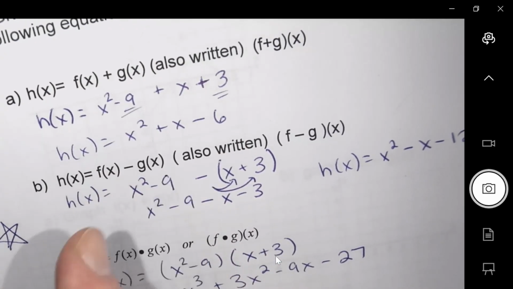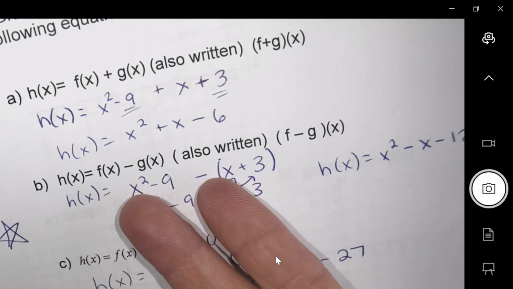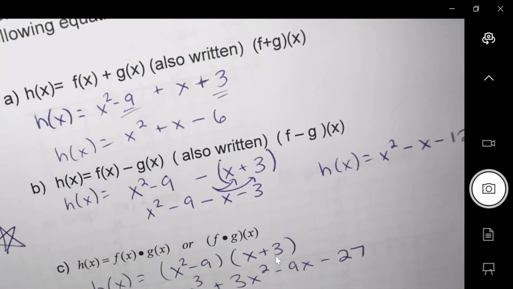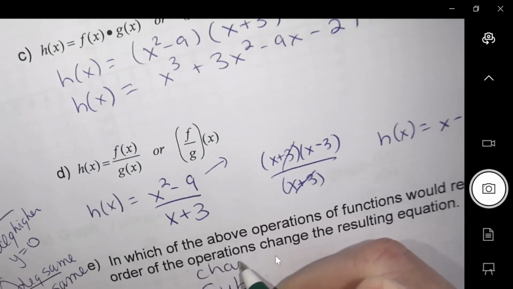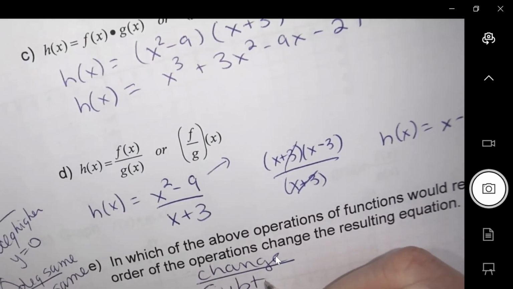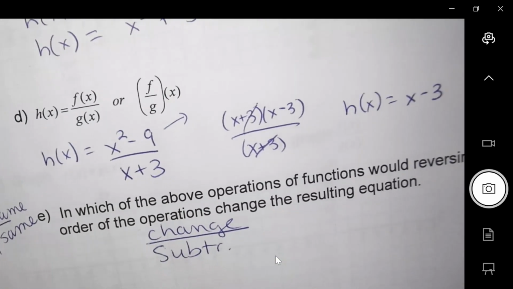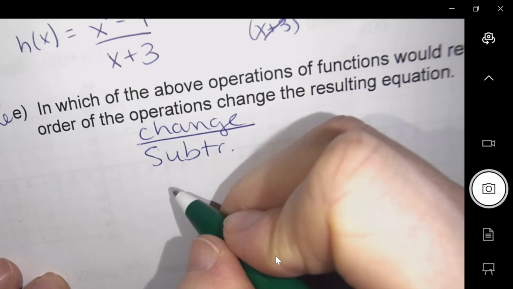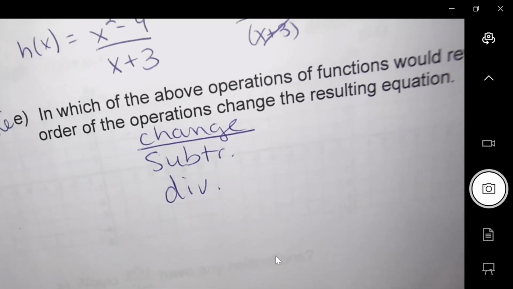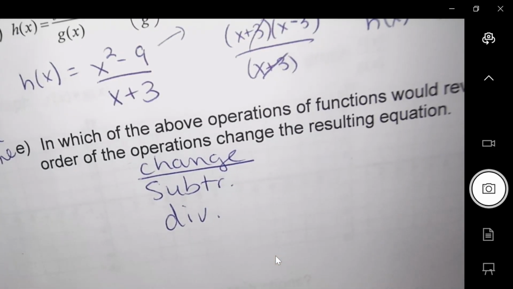What if I was to switch on a subtract? Would it change or keep the same? Change. So you would have a change with subtraction. And what else would you have a change with? Division. Okay? Multiplication and adding two things doesn't matter which way you do them.